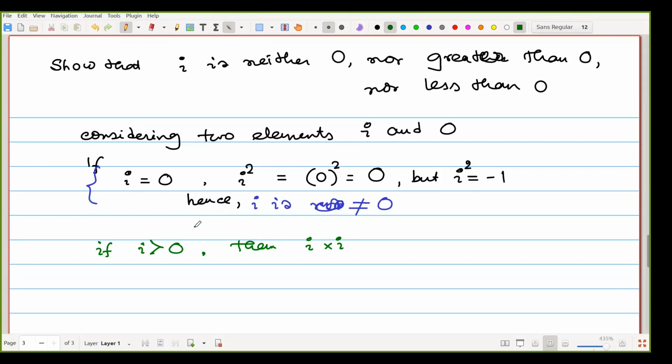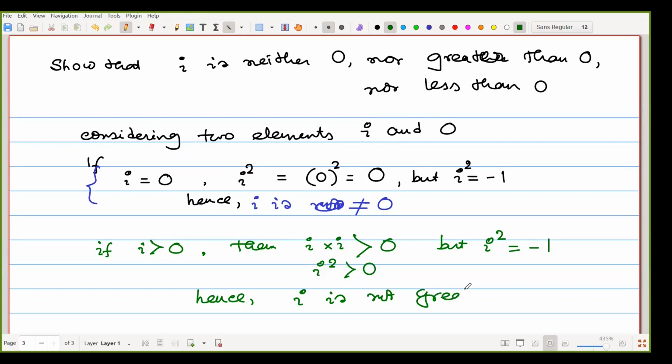So its multiplication with itself, that means i square, is always greater than 0. But i square is equal to minus 1, which is less than 0. Hence, we can say i is not greater than 0.